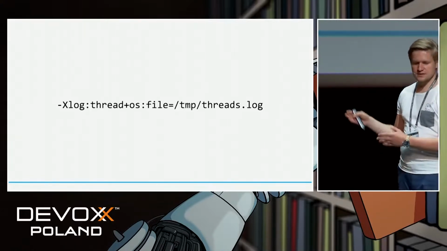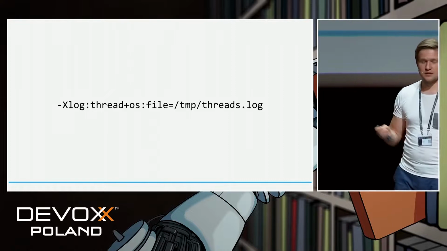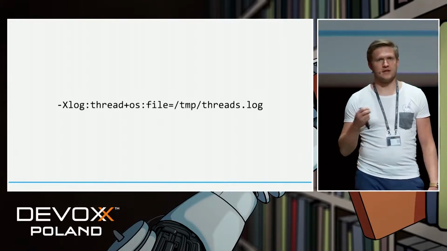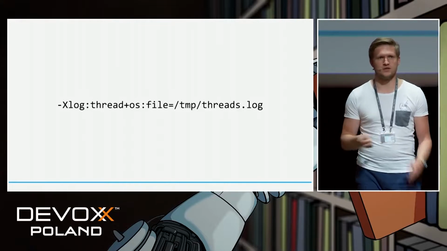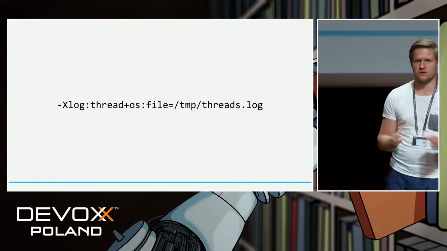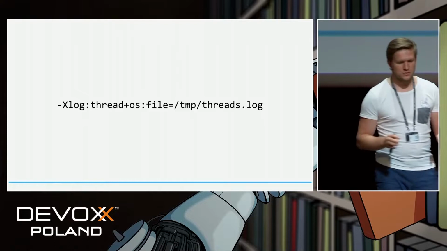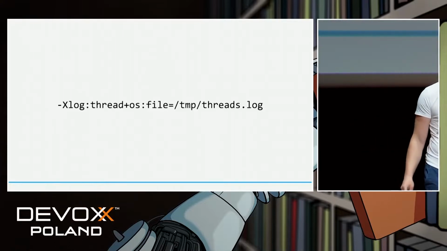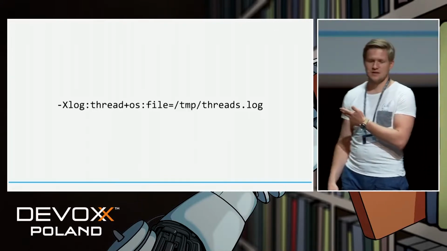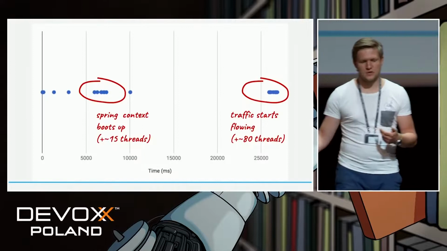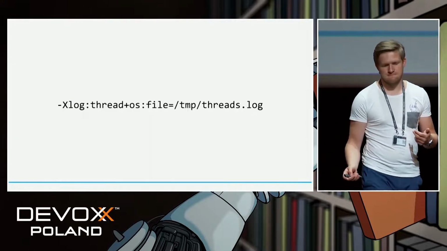With this, you can easily log the threads lifecycle into a file. It's virtually for free. You can just dump the information about each thread being created and each thread dying into the file. And based on this output, you can create things like this.